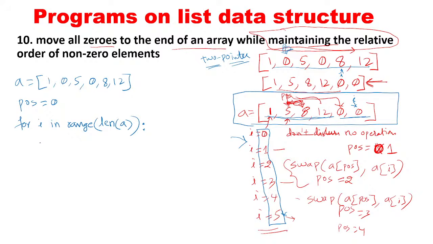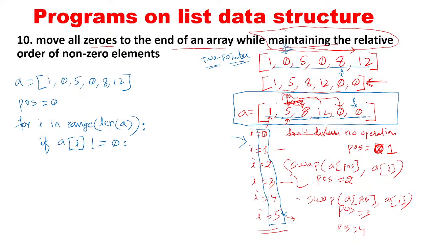So how do you test? If a of I, how do you know that it is a non-zero number? If it is not equal to 0, then you can confirm that it is a non-zero number. Simple. If a of I is a non-zero number, what you need to do is swap.